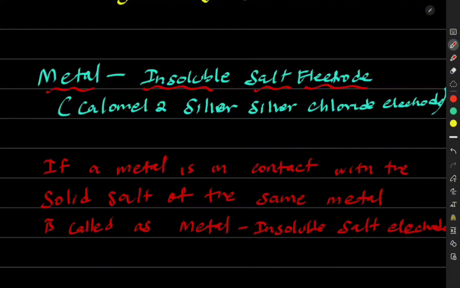Examples for these are the calomel electrode and the silver chloride electrode.